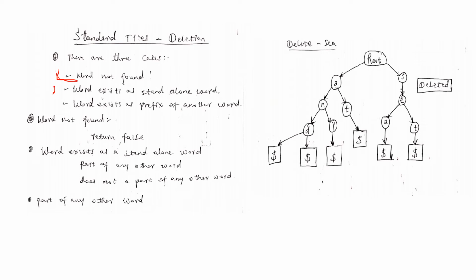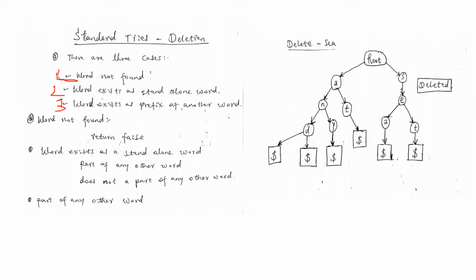The second, word exists as a standalone word. The third and last one, word exists as a prefix of another word. These three main cases are included under deletion, and also we will see here: delete C.